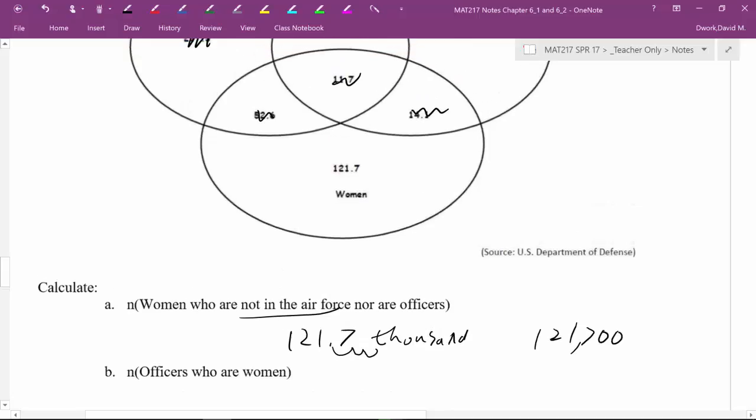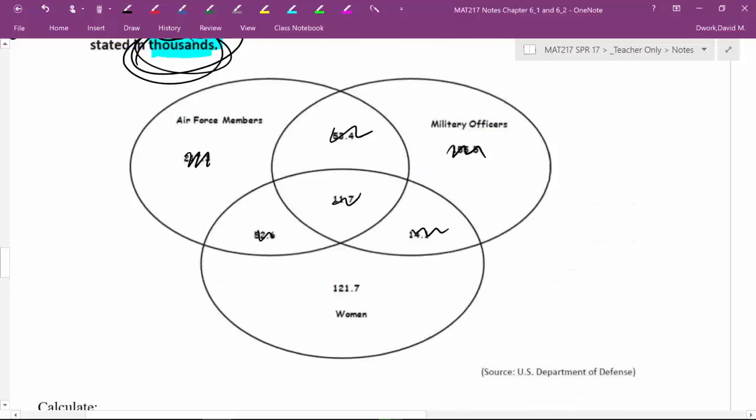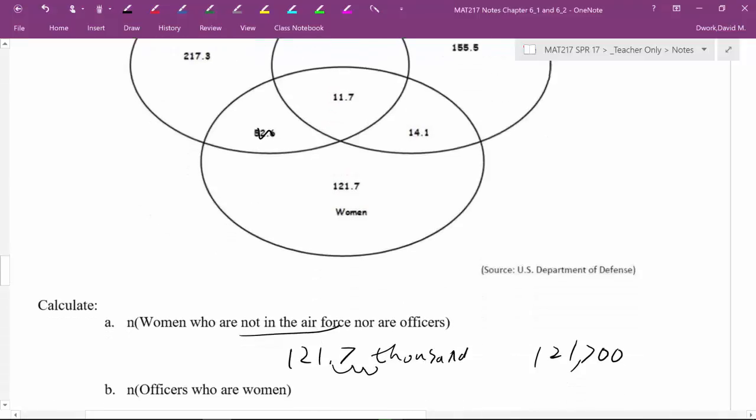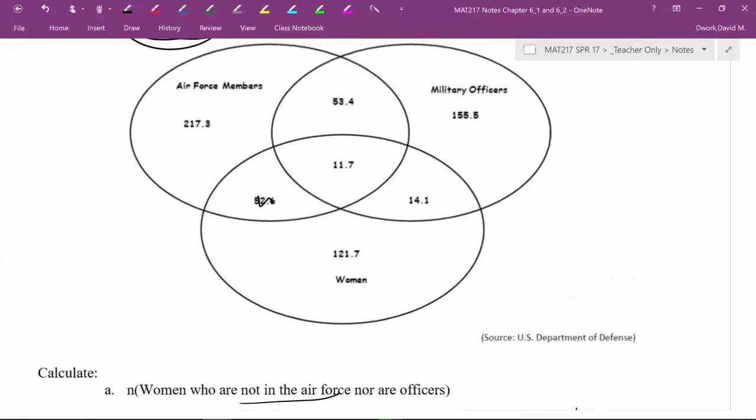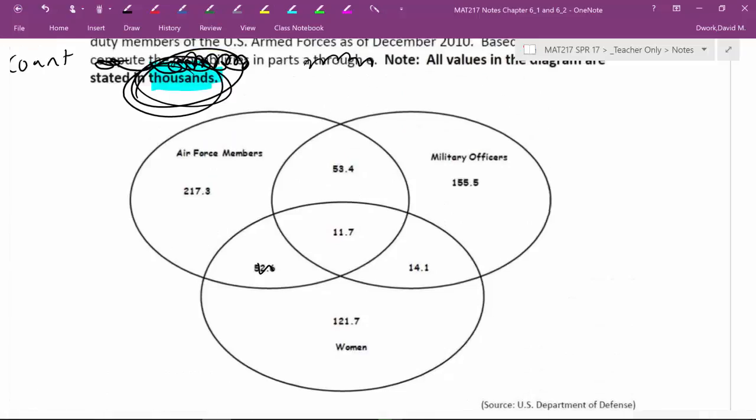So then the next one, officers who are women. Okay, so you try this. Go in here and find this problem. You're looking for officers who are women. So hopefully you said, okay, we're looking for people who are women and officers. They have to be in both bubbles, which means they have to qualify for both.